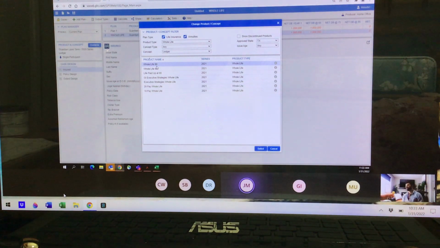Whole Life 121, starting there, it's payable to age 121. You don't see it here, but that's going to be payable to 121. It's going to be our lowest premium contract. It's also going to have our lowest internal rate of return, our lowest dividends.